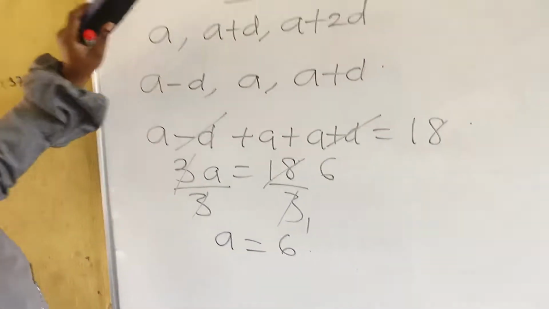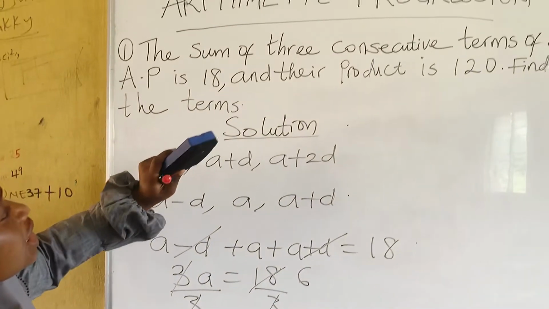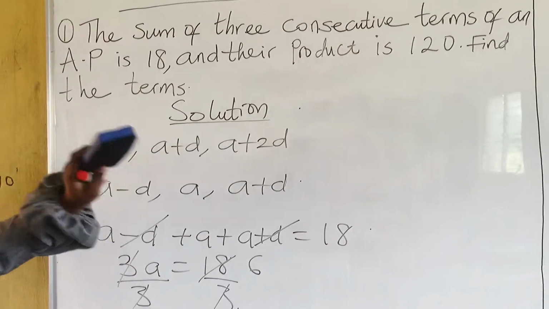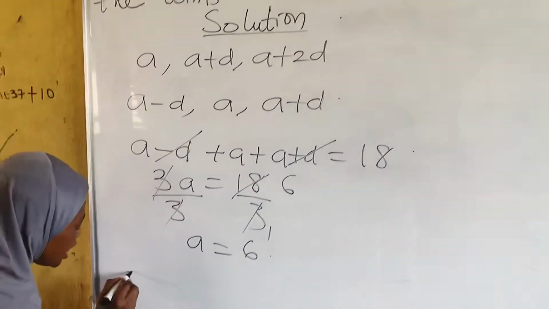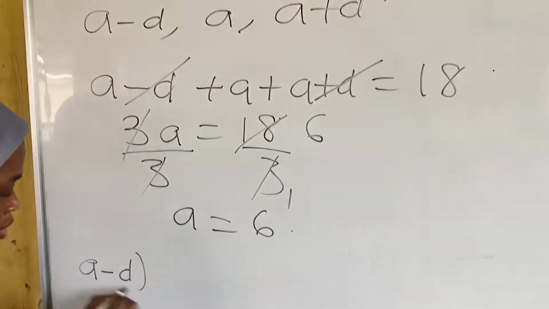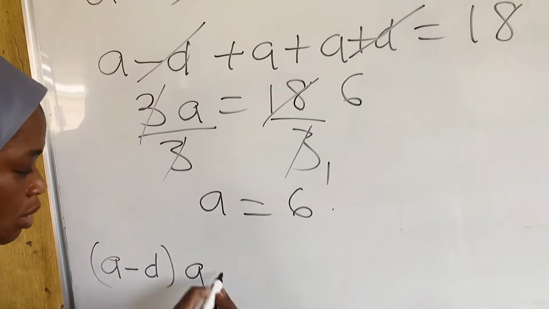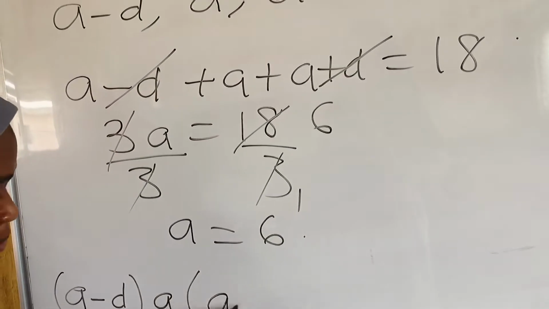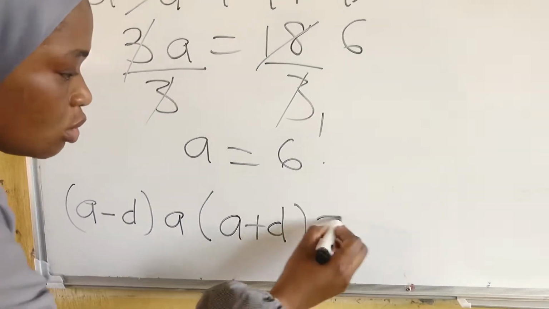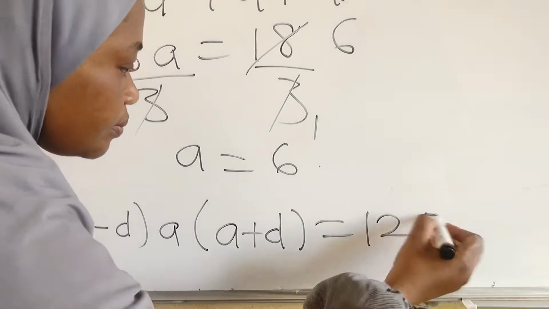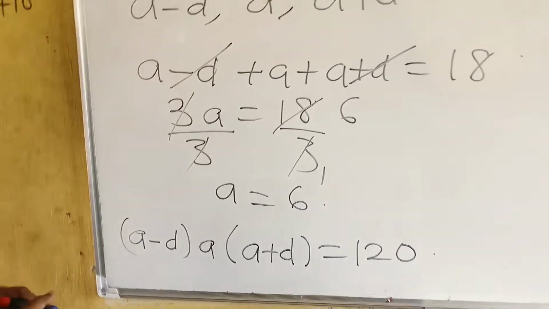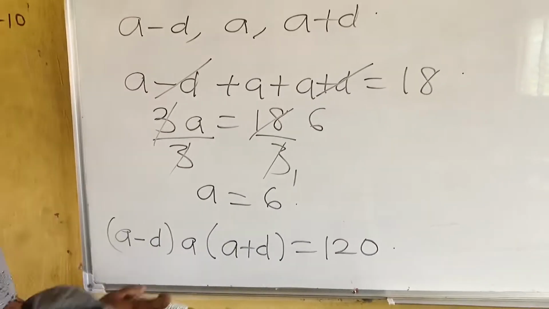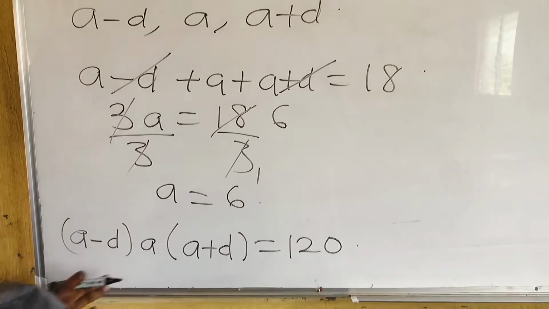Now, another statement is that their product is 120. So that means A minus D multiplied by A multiplied by A plus D is equal to 120. Since we know the value of A, we can substitute it here, which is 6.